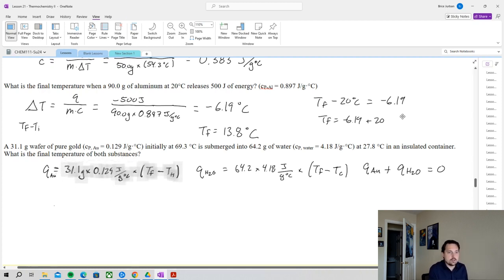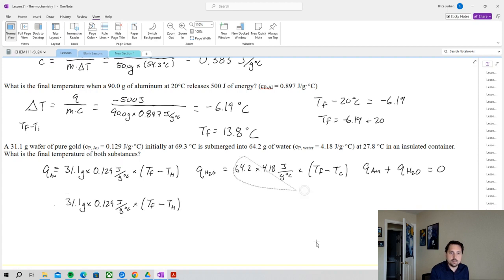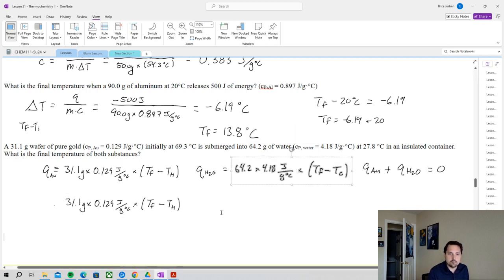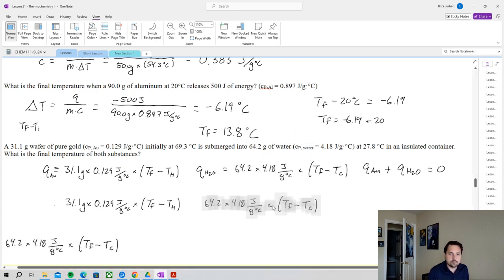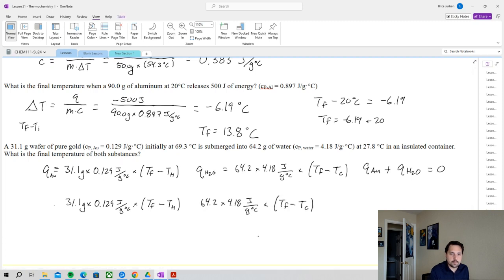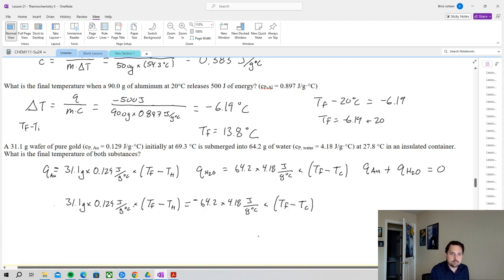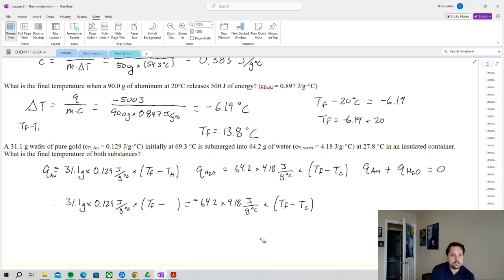So I'll set this equal to and opposite this. And I'm going to replace in these values.